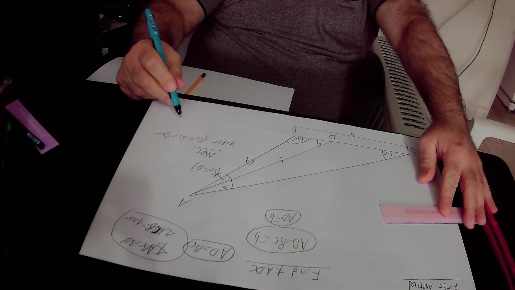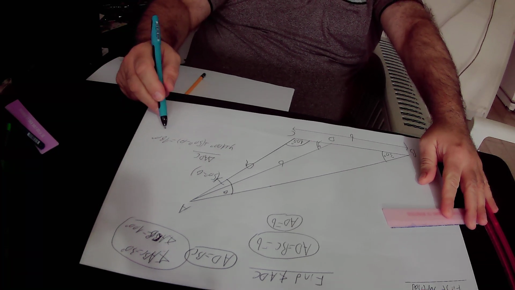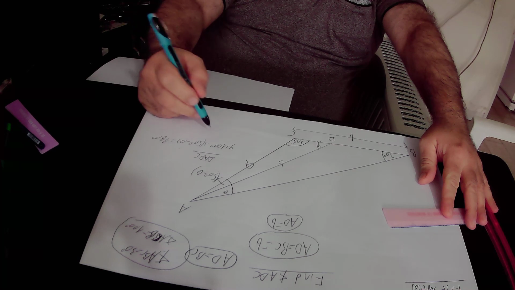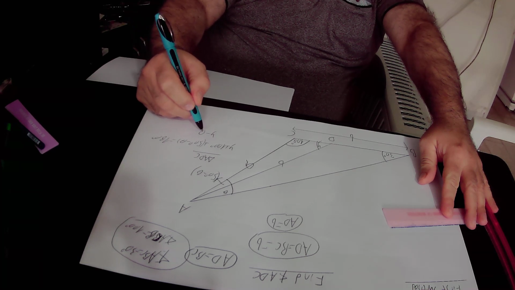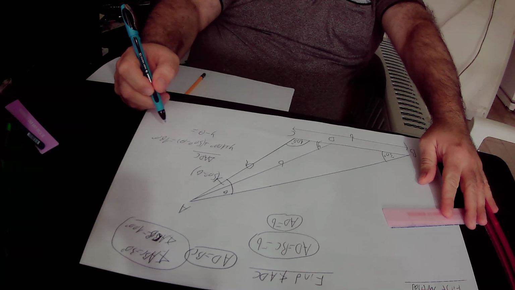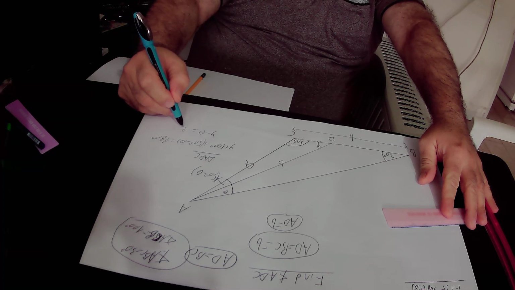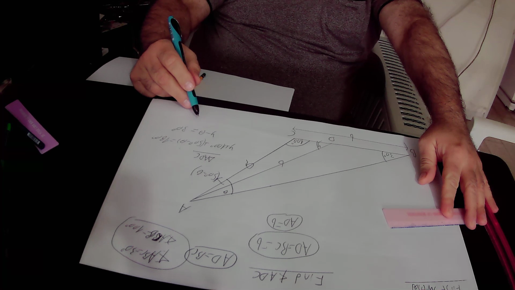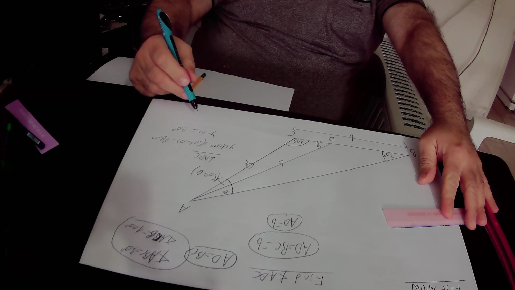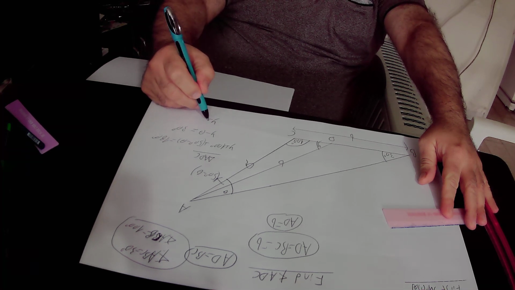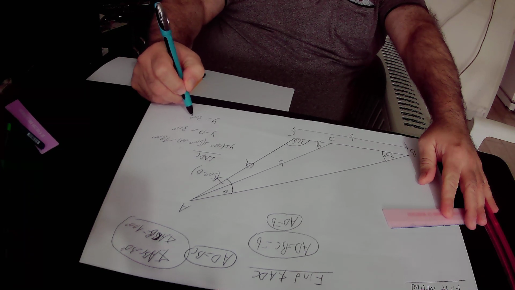So here we'll subtract 150 degrees from this equation, and we will get that Y minus theta equals 180 degrees minus 150 degrees, which is 30 degrees. We will add theta to this equation, and we will find out that angle Y equals 30 degrees plus theta.